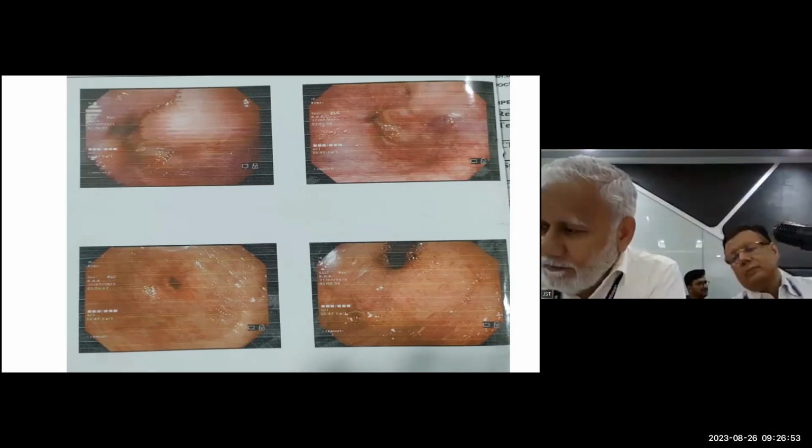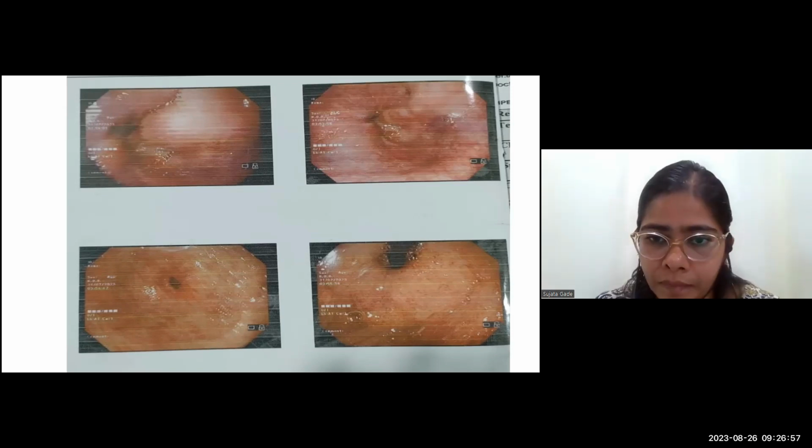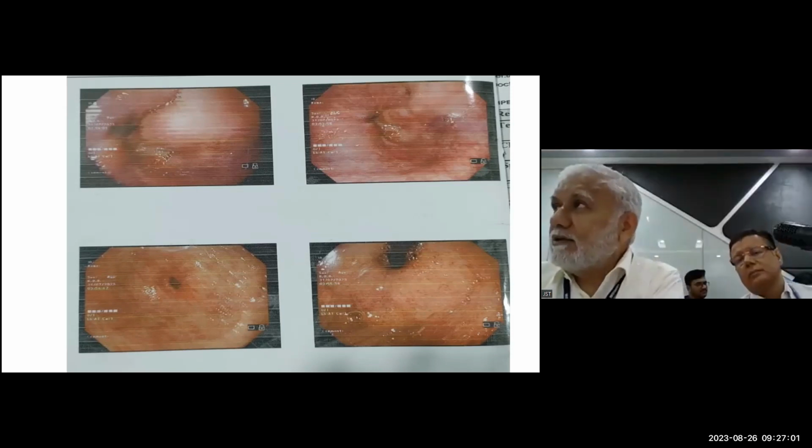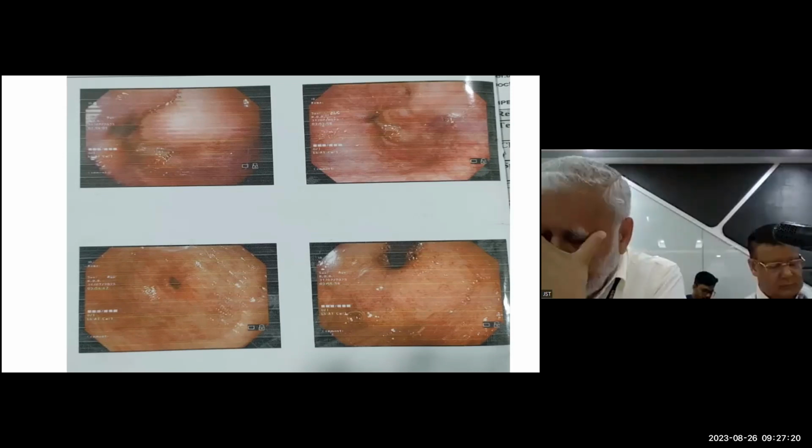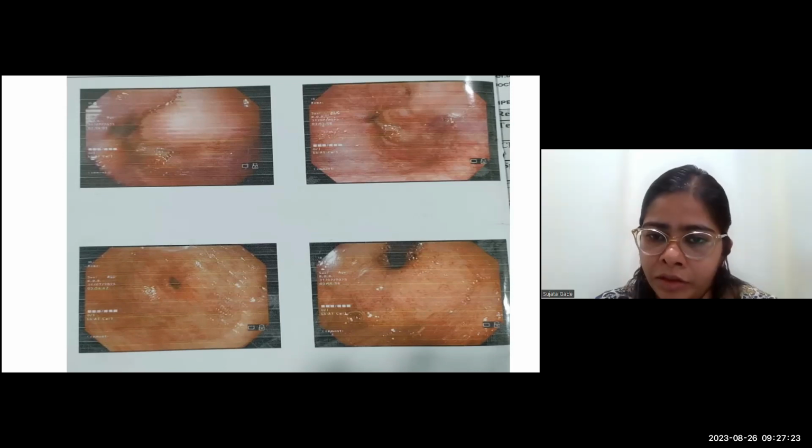FLOT is L for leucovorin. Leucovorin is what? Is it a chemotherapeutic agent? No, sir. It is usually given along with the 5-FU to prevent the side effects of 5-FU. Usually 5-FU with leucovorin combination is given in all the regimen. And O for oxaliplatin and T for docetaxel.